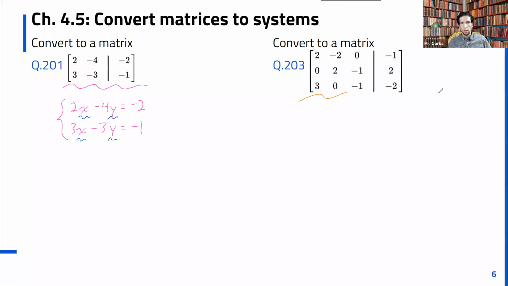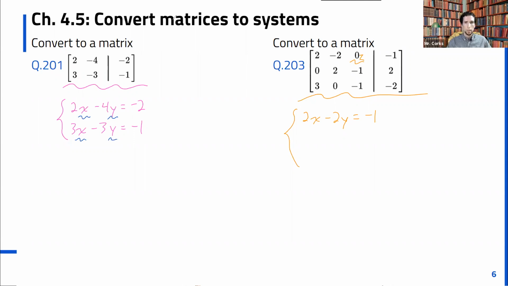All right, the system on the right here. So 3 rows. So we're going to have 3 equations here represented in our system. What is the first equation going to be? So x minus 2y equals -1. Okay, 2x minus 2y equals -1. We have a 0 here, so we just understand that that represents the z value, so 0 times z.